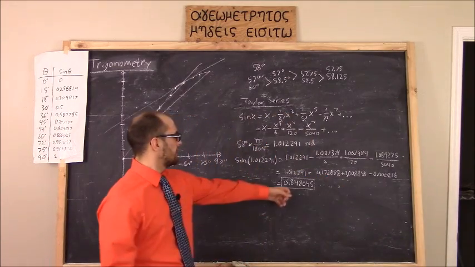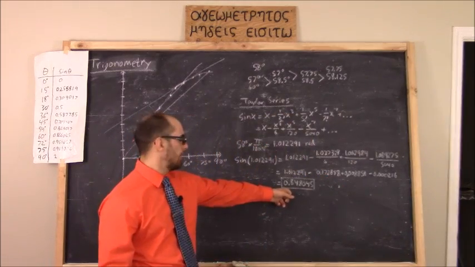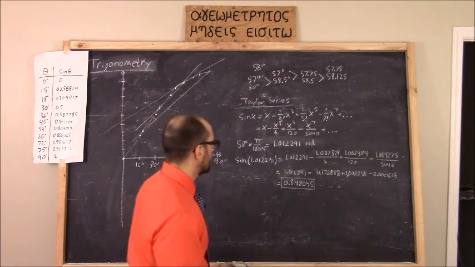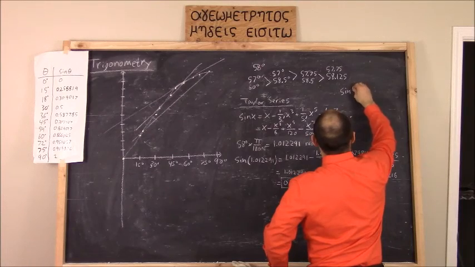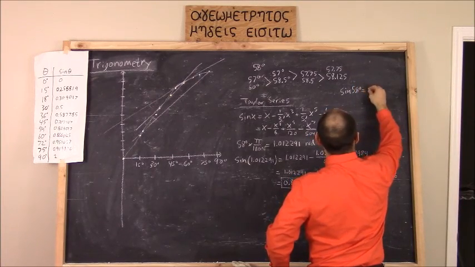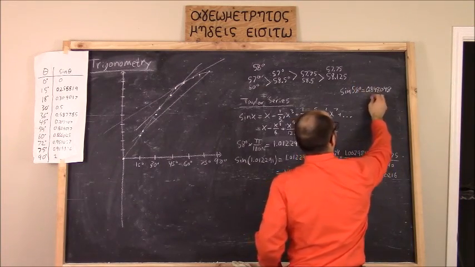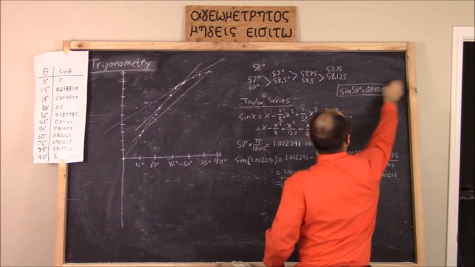So I'm getting 0.848045. You remember from before that the exact value is equal to 0.848048.